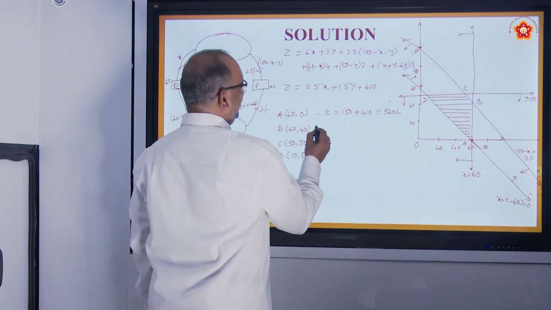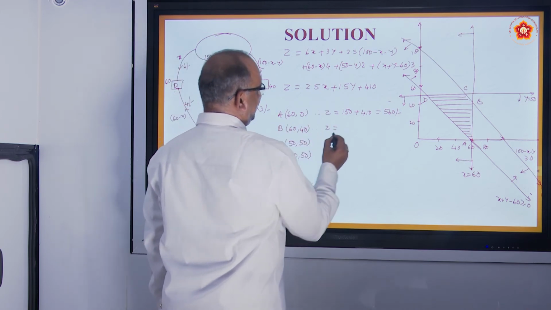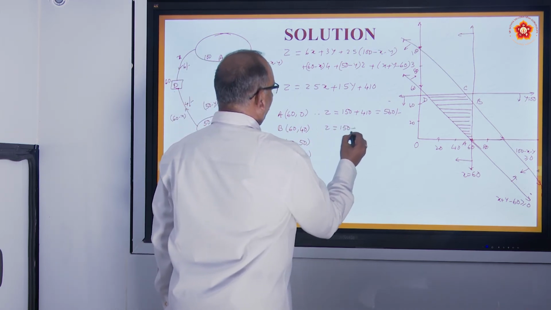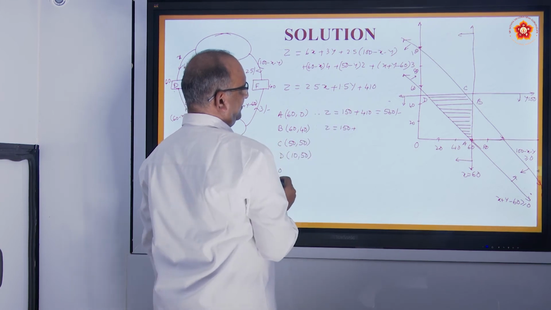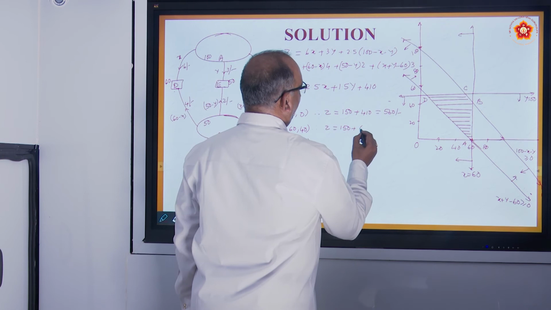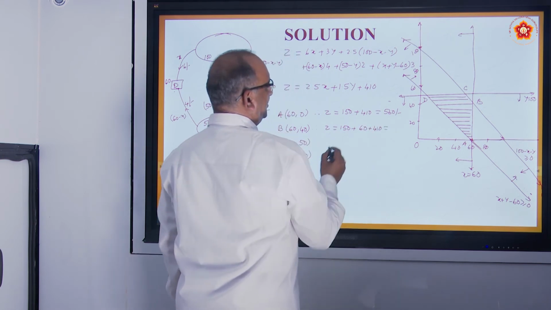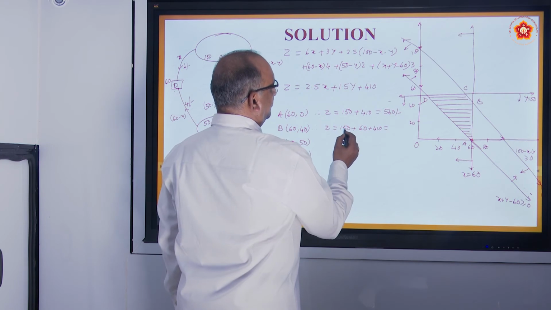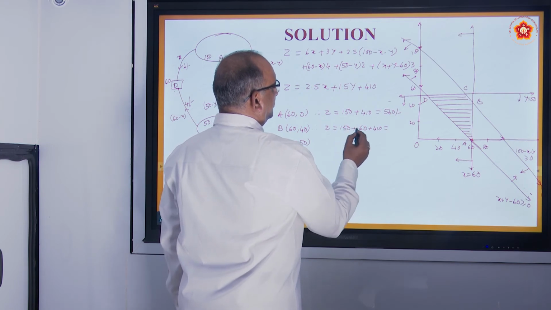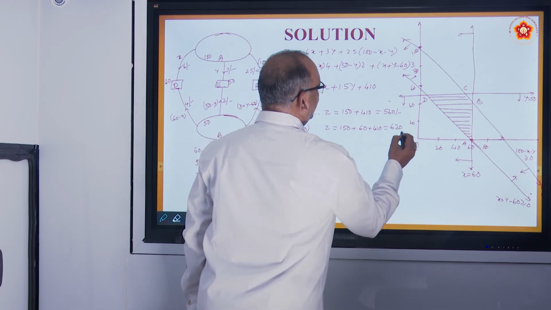Come to the second one. Z is equal to 2.5 into 60, which is the same 150, plus 40 into 1.5. 15 4s are 60, plus 410. So, it is going to be 620 rupees.